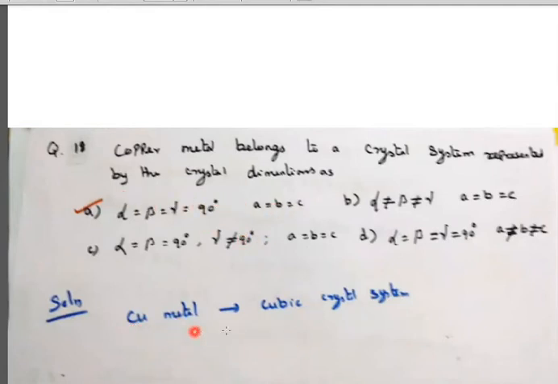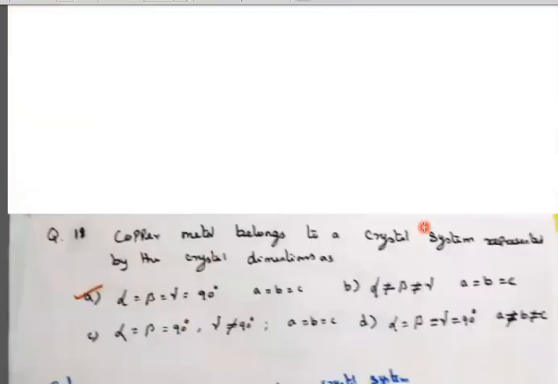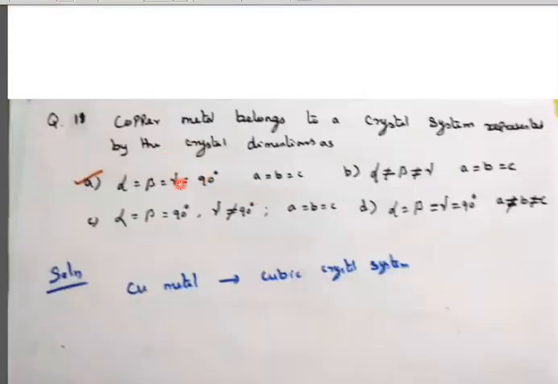Remember that it should be a cubic crystal system. Most of the metals, like lead, mercury, silver, gold, copper, the inactive metals, meaning very less active metals, belong to cubic. So copper is the cubic system, with alpha equal to beta equal to gamma equal to 90 degrees in axial angle, and the distance parameter A equal to B equal to C.